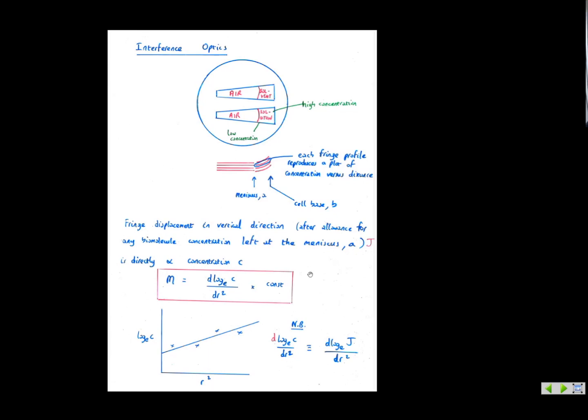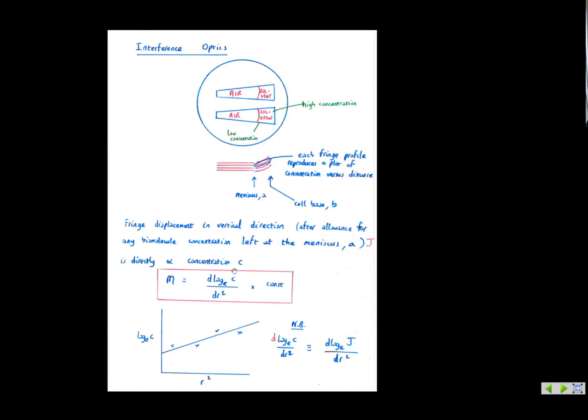So the same equation applies as if we were using absorption optics. By the way, these short columns apply whether you use interference or absorption optics for a sedimentation equilibrium experiment.